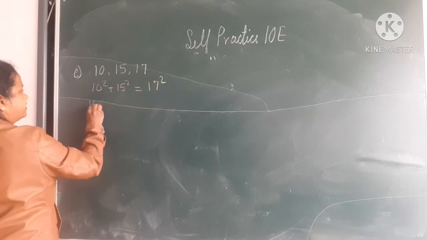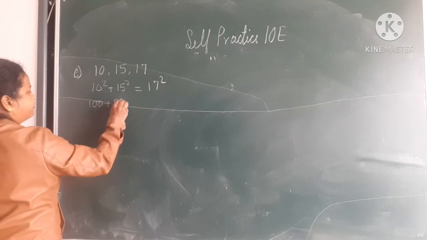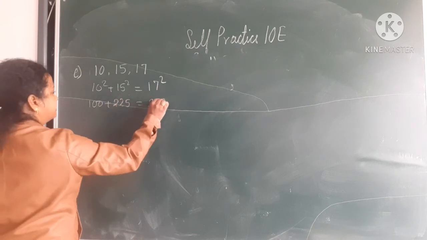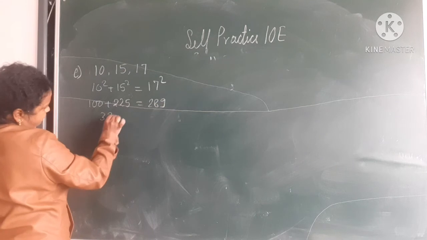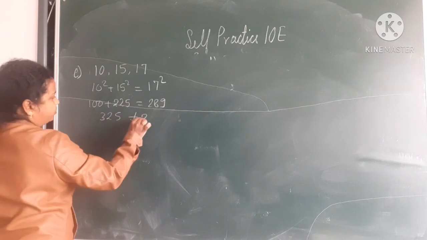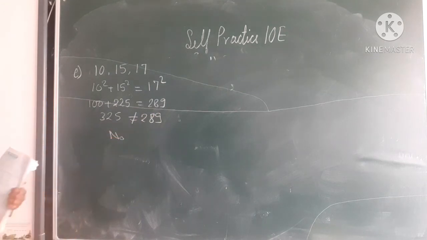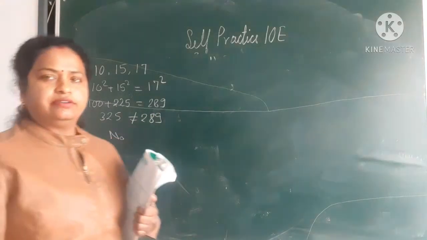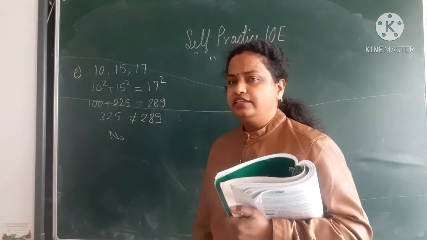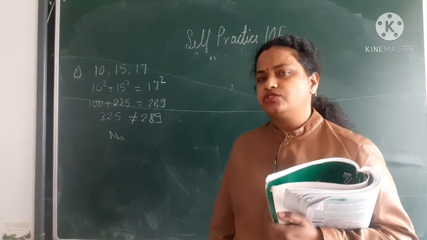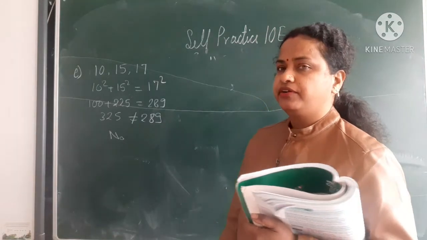It is 100 plus 225, equal to 289? It will come 325 and it is not equal to 289. It also does not follow the Pythagorean triplet, because both are different. If they are the same, then only they can form one. As they are different, it is not forming a Pythagorean triplet.